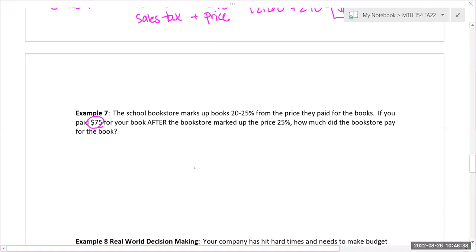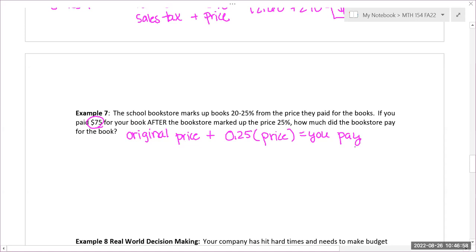So let's go for that part first. But let's also think about how this is worded. Whatever the original price is, they then add 25% of that price. And that's what you pay.